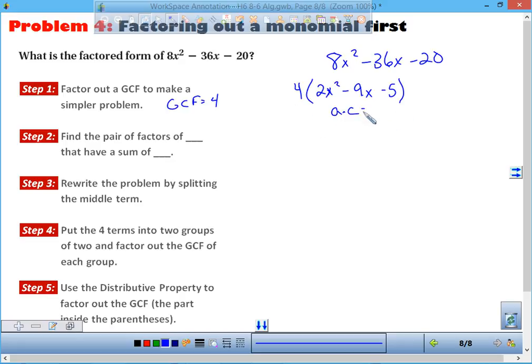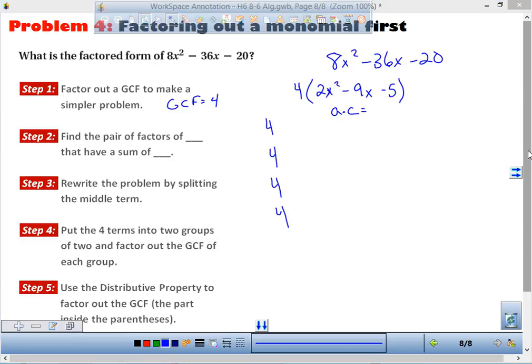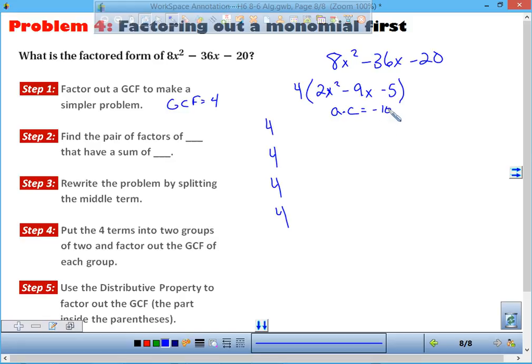All this 4 is going to do is just tag along the whole way until we get to our answer. So now a times c is 2 times negative 5, which is negative 10. I need to find factors of negative 10 that add to give me negative 9. Well, that one's pretty simple. That's going to break into negative 10 and positive 1.